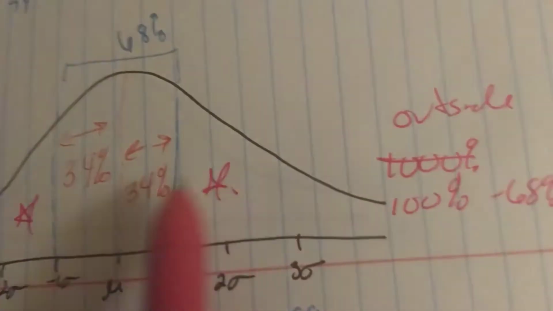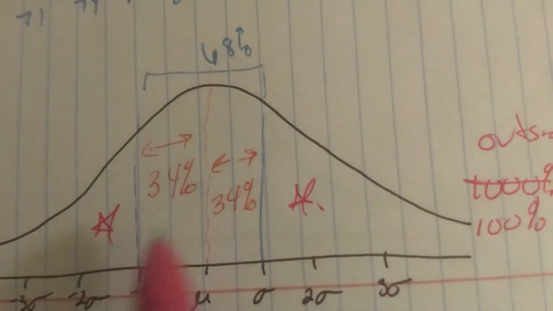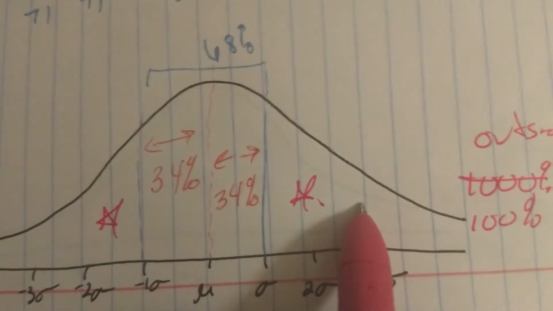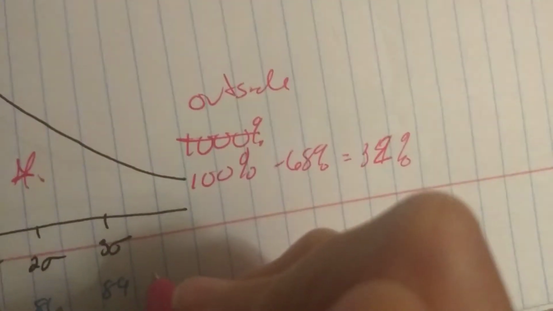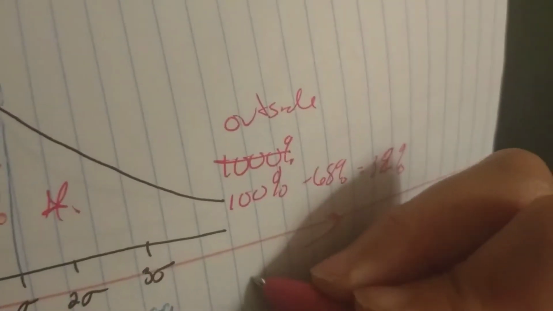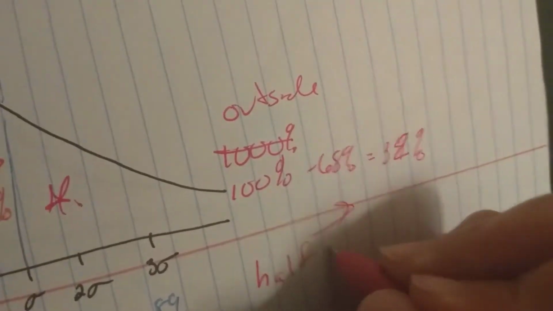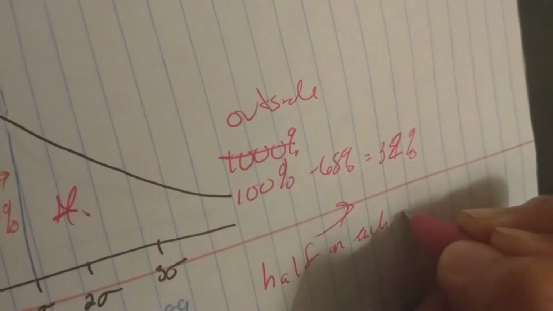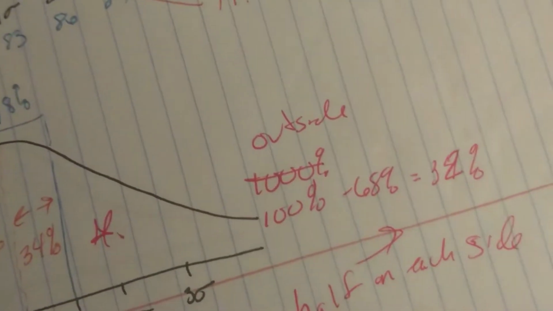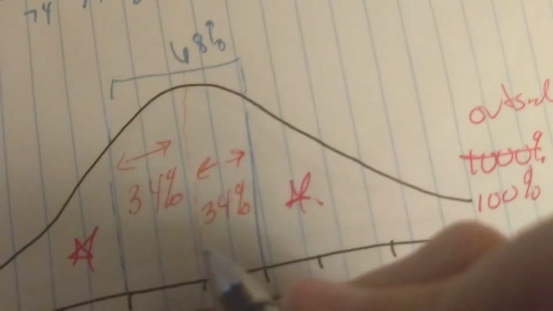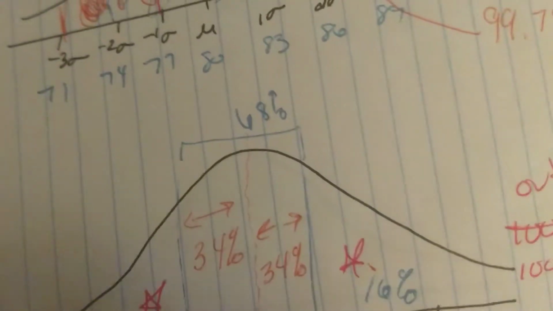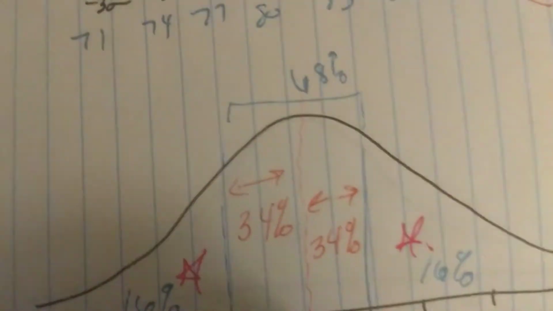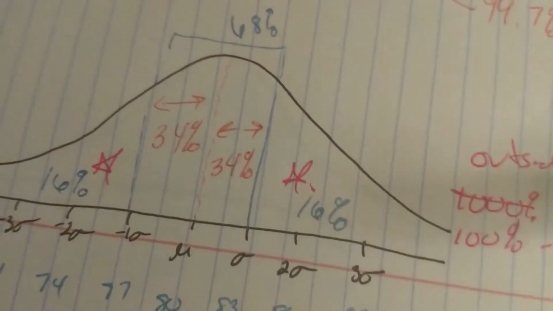Right? But notice that they're symmetric, or at least we're pretending that my drawing is symmetric, which means of this 32%, half is on each side. Half of 32 is 16, so this star would be 16% of the data, and this star over here would also be 16% of the data.